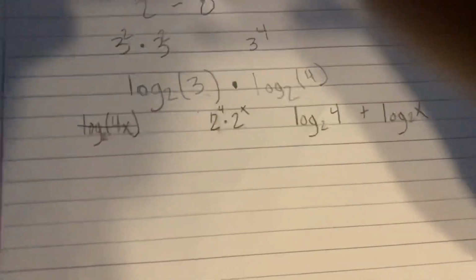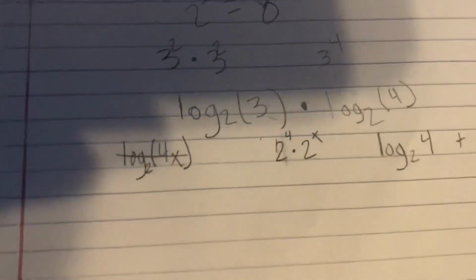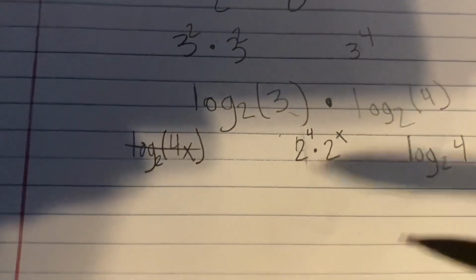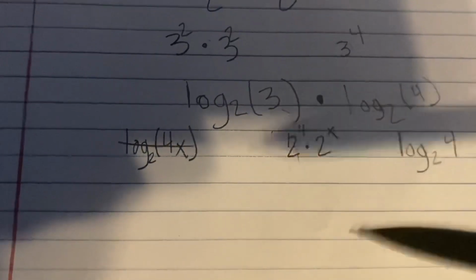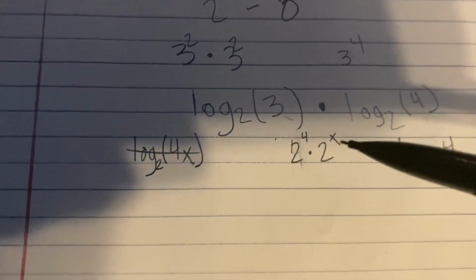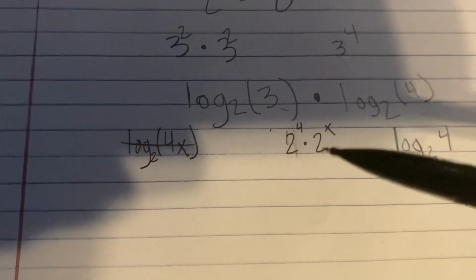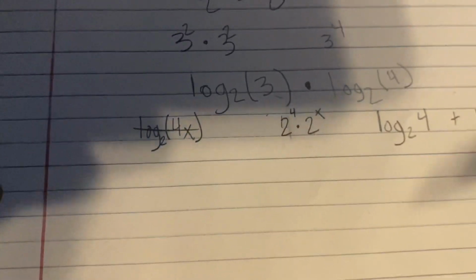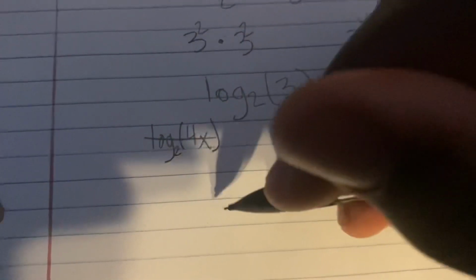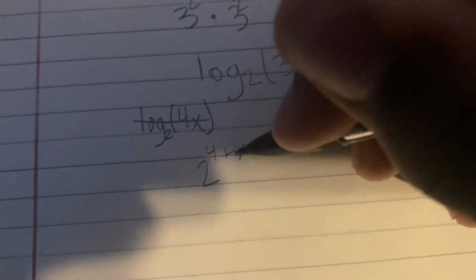And with logarithms, it's like the opposite of exponents. For example, most of you probably know that if you have 2 to the 4 times 2 to the x, when you're multiplying the same base, you just add the exponents. So it would be 2 to the 4 plus x.